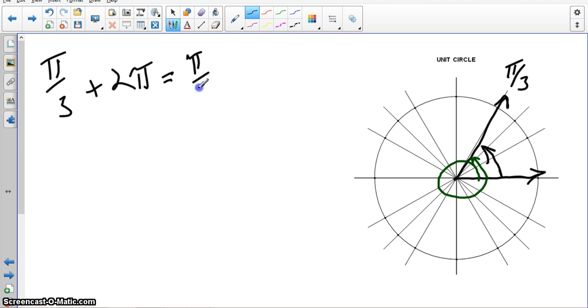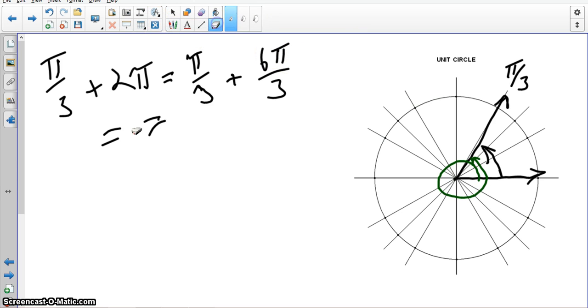So it's pi over 3 plus 6 pi over 3. Wait, where'd that come from? Well, if I need common denominators, they both better be 3's. So I do 2 pi times 3 is 6 pi over 1 times 3, which is 3. So then this is 7 pi over 3.